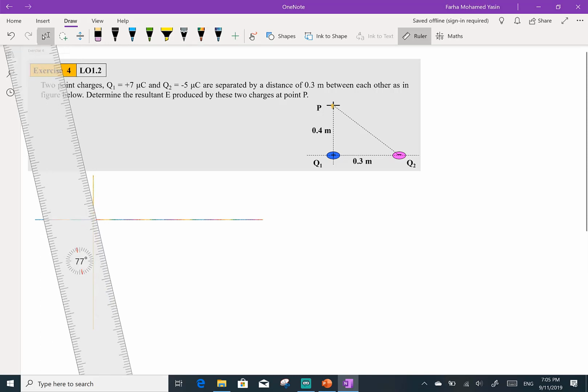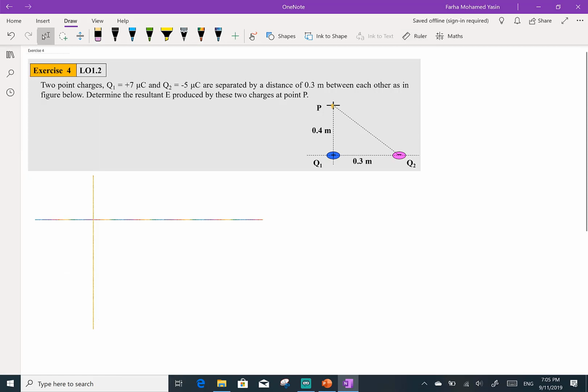Here is point P, and here is the charge.